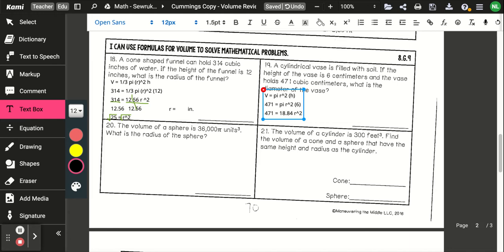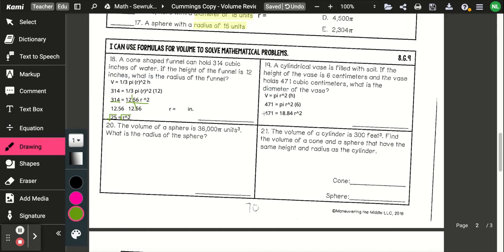And then remember, you're going to have to divide both sides by 18.84 to cancel that out. Whatever you do to one side, you have to do the other. Then, just like this one, you have the radius squared. So again, you're going to divide on both sides. You're dividing by that number.